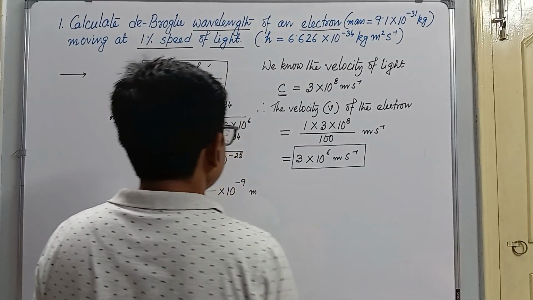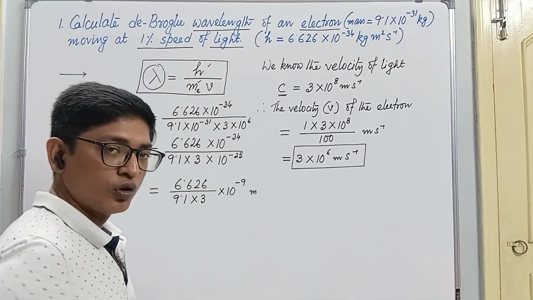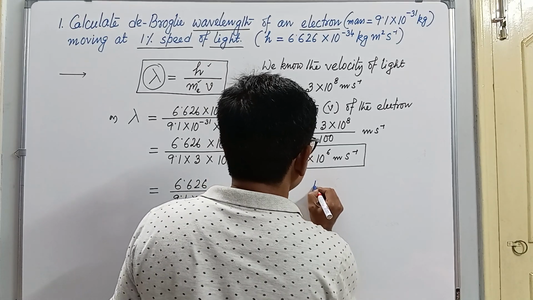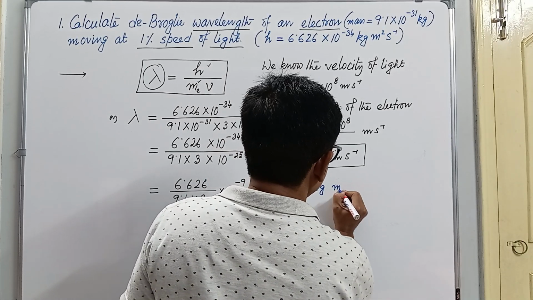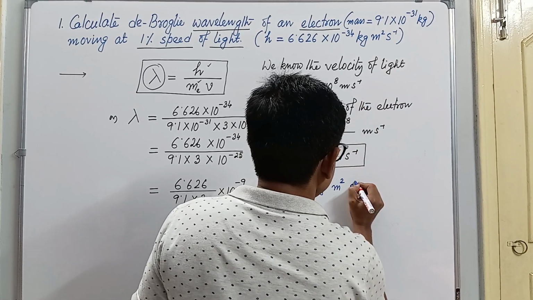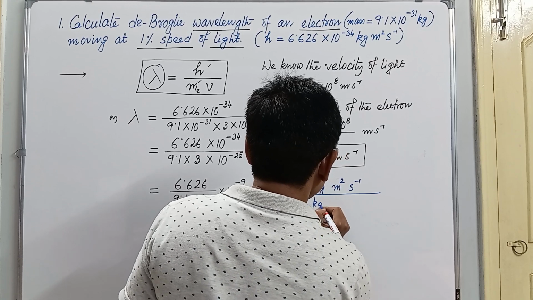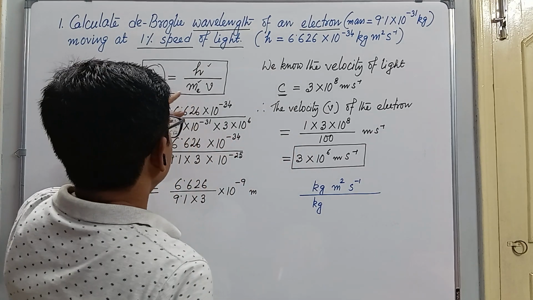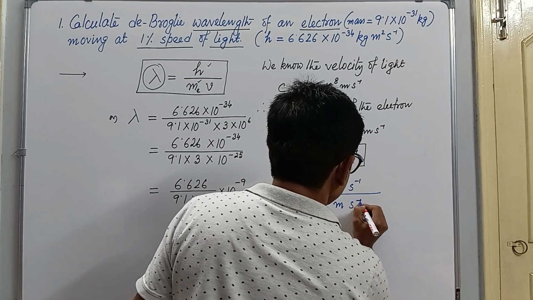This is very simple. For that, we need to put the unit for all these values. First, Planck's constant has the unit kilogram meter square second inverse, which they have provided. The mass of the electron is given in kg, and the velocity of this electron is in meter second inverse.